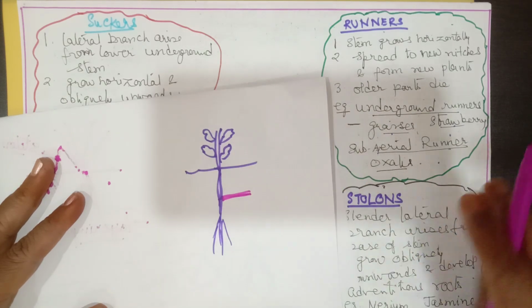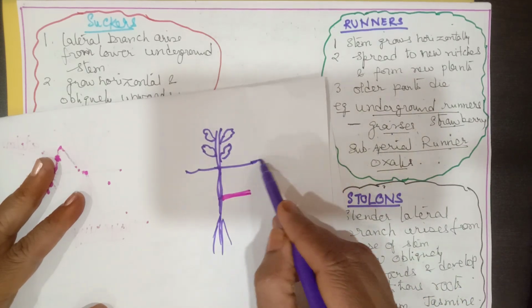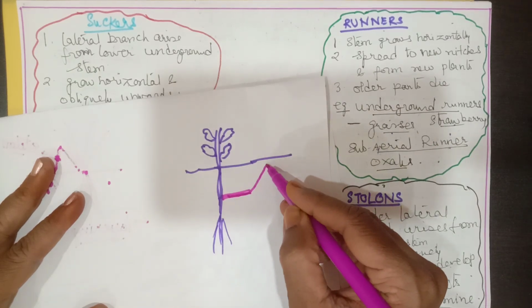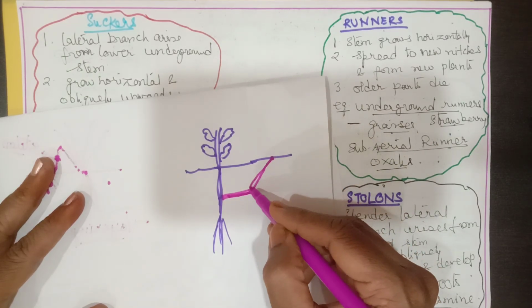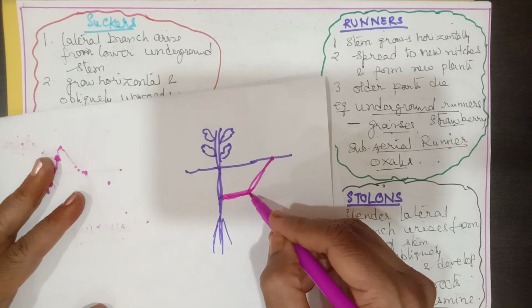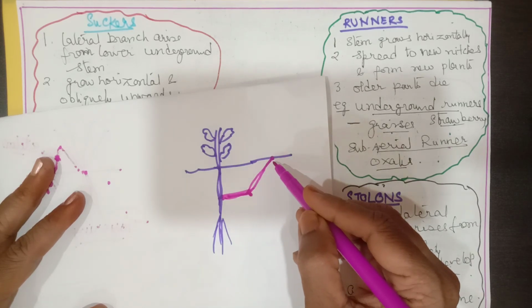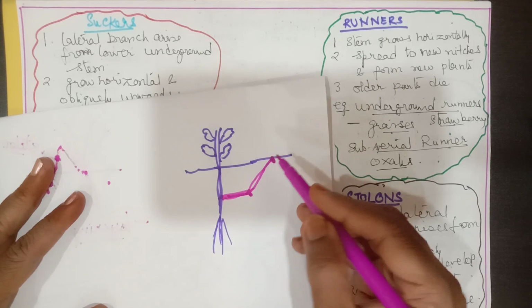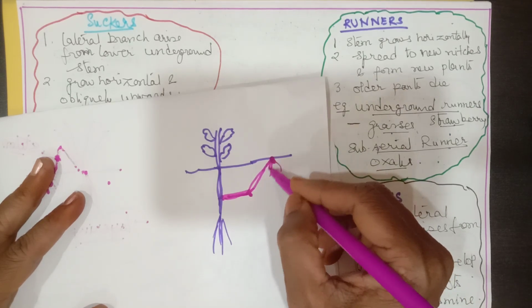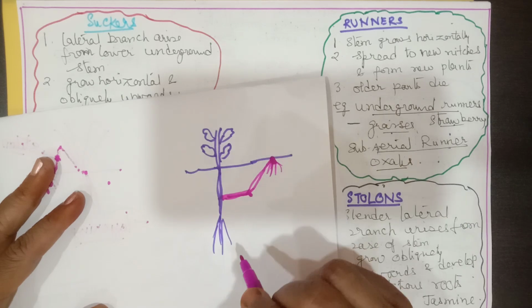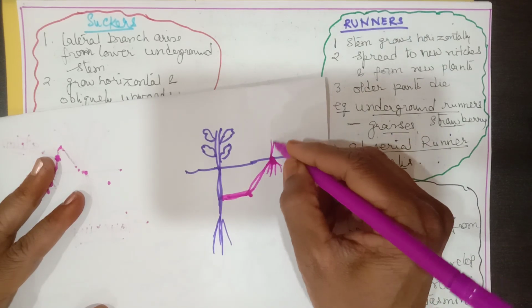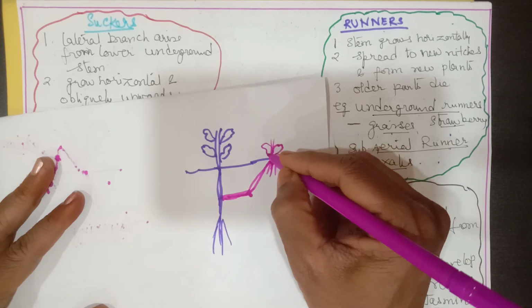This branch will then start growing obliquely upwards. Once it comes to the surface of the soil and touches the soil, it starts developing adventitious roots, and then it will develop the new plant.